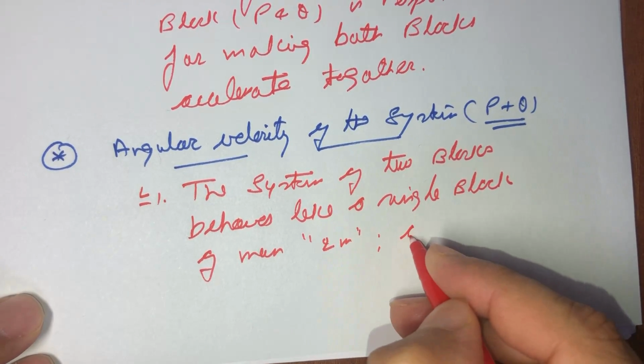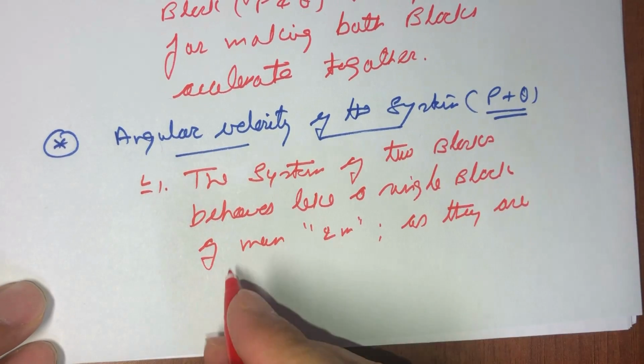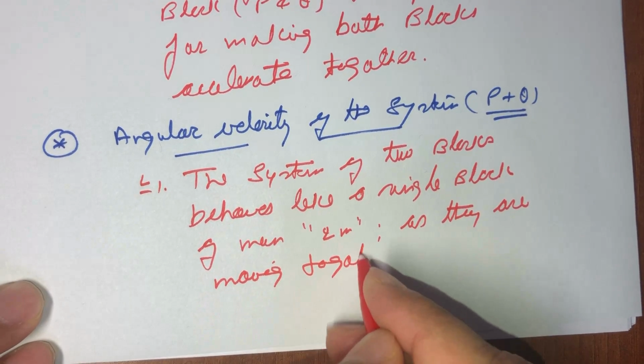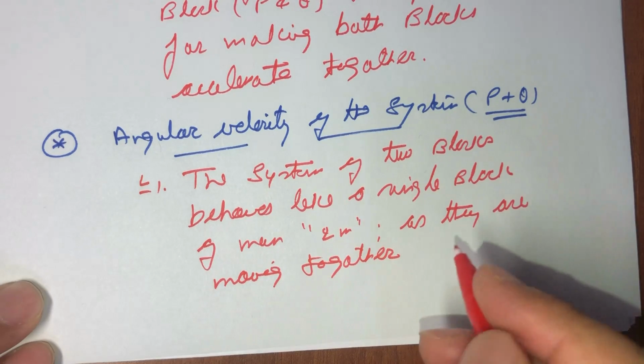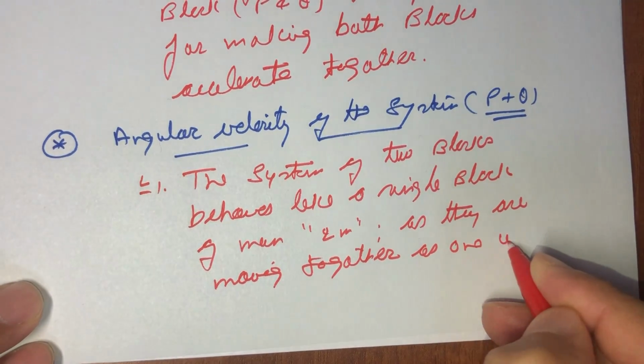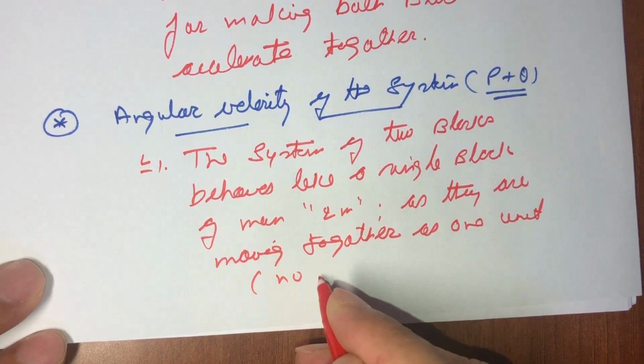As they are moving together as one unit, which basically means no slipping.